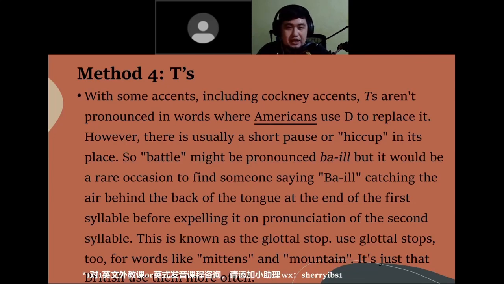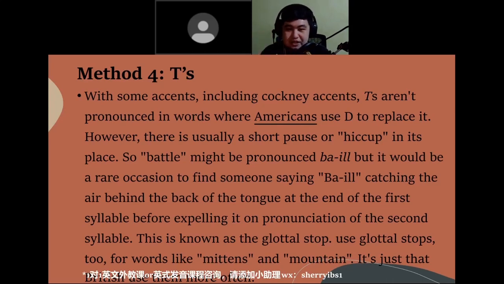In Cockney they remove the T, the glottal T. In American again, it's pronounced with a D sound: battle, rattle, metal. So "battle" might be pronounced with the T, but it would be a rare occasion to find someone saying it. It's always short.